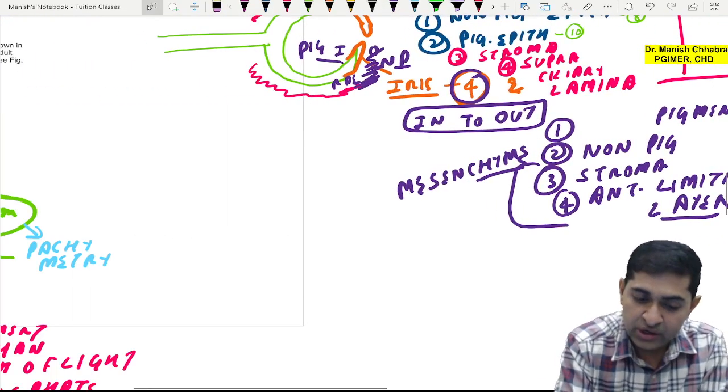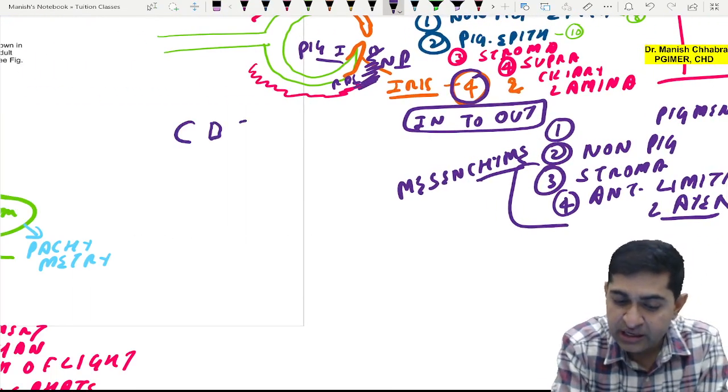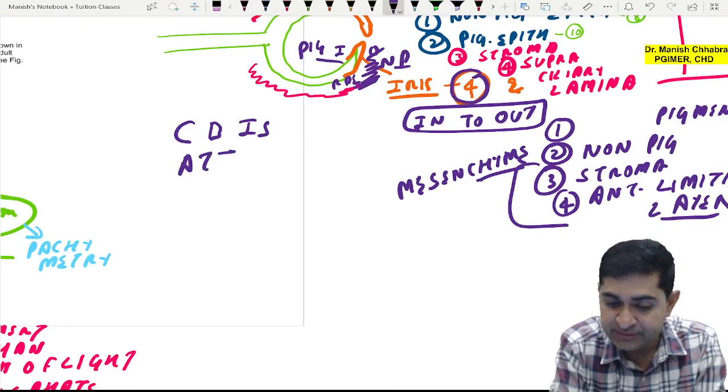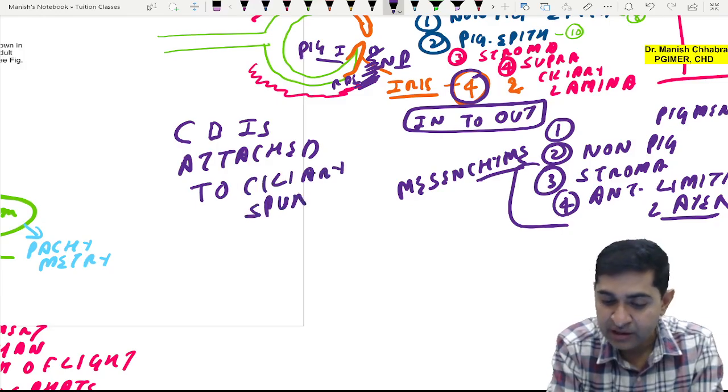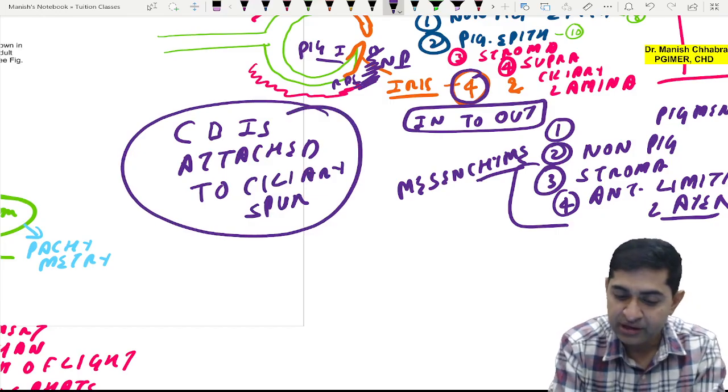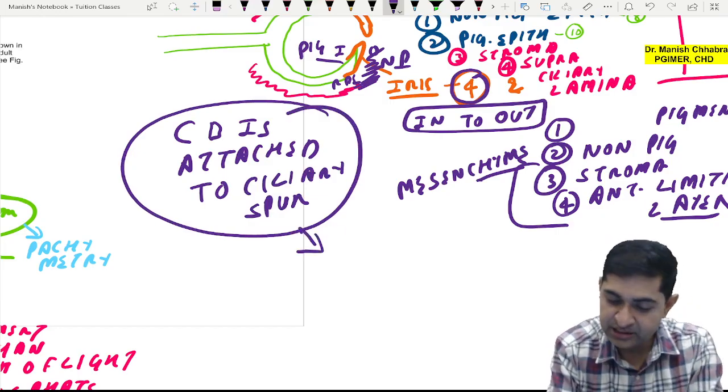Okay, now the ciliary body is attached to the structure which is the ciliary spur. It is present where? It is present on the sclera.